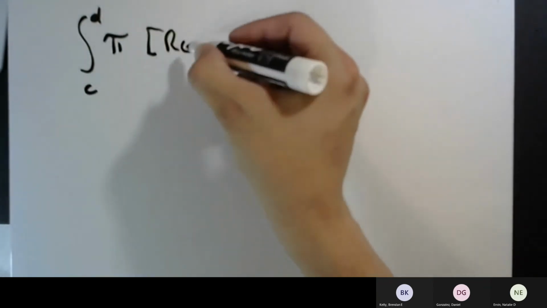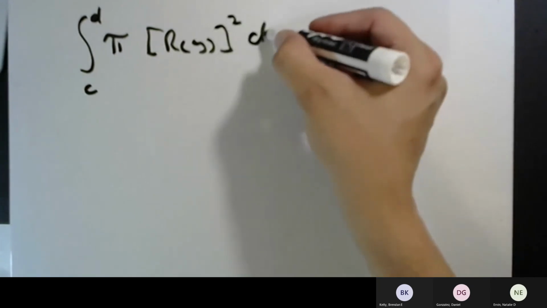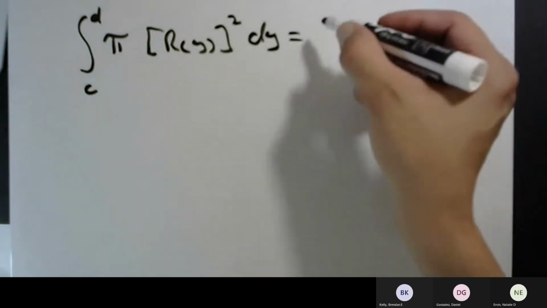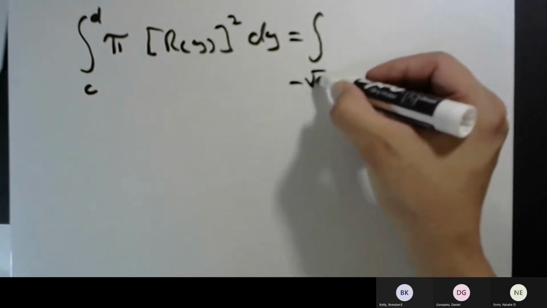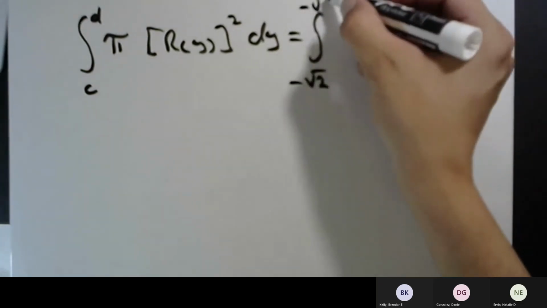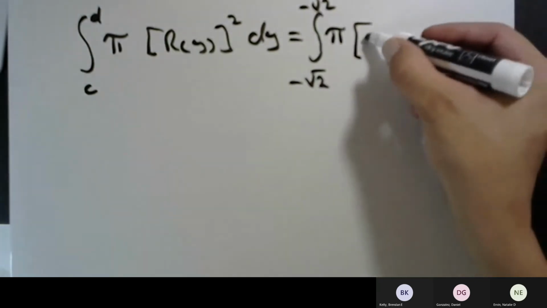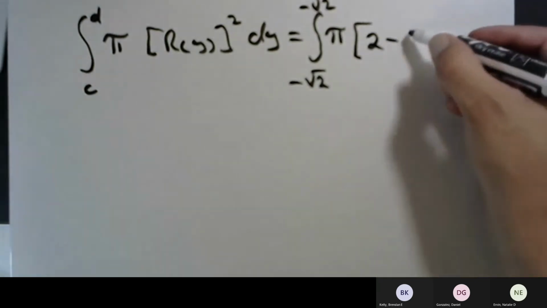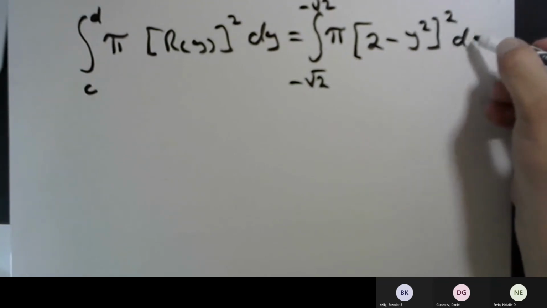So the integral of pi r of y squared dy, from negative radical 2 to radical 2, of 2 minus y squared squared dy.